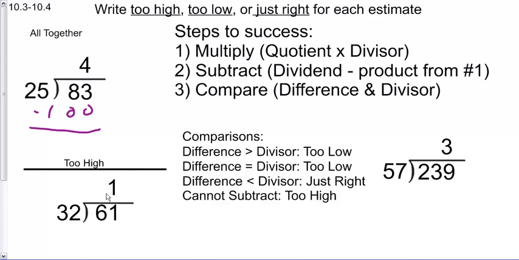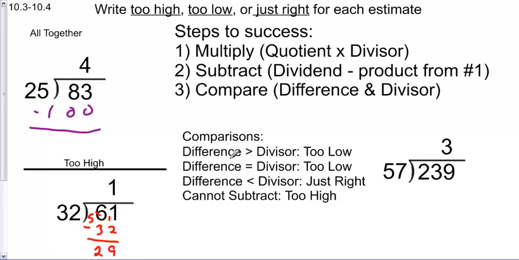Okay. Down here, I'm looking at 1 and 32. When I multiply, you guessed it, 1 times 32 is 32. So then I subtract. Okay, to borrow, that becomes a 5. So it's 9, 29.